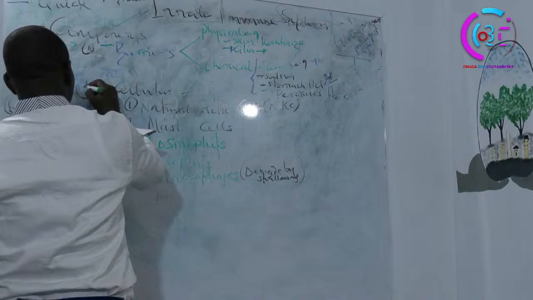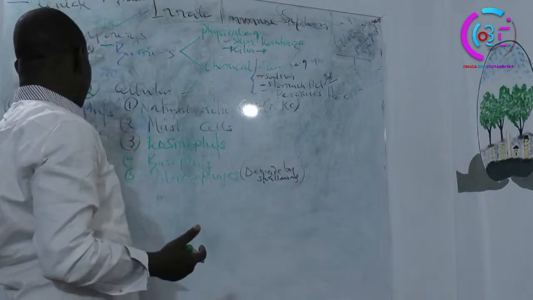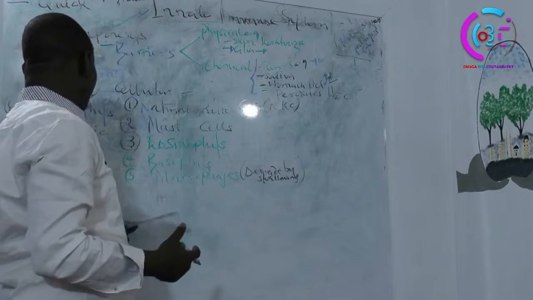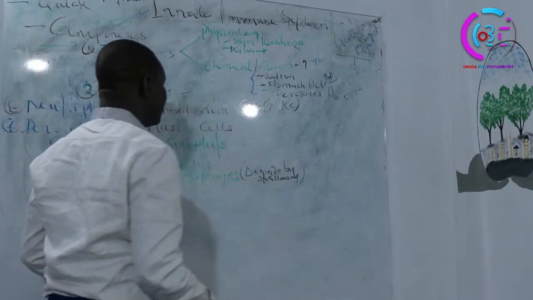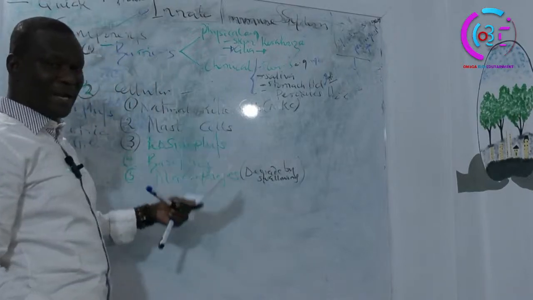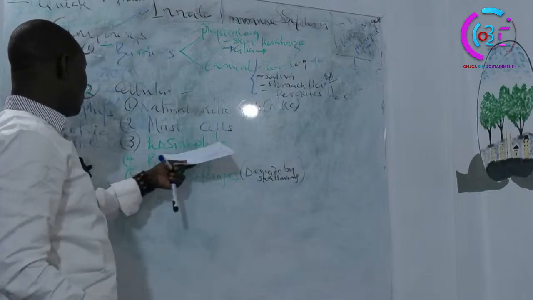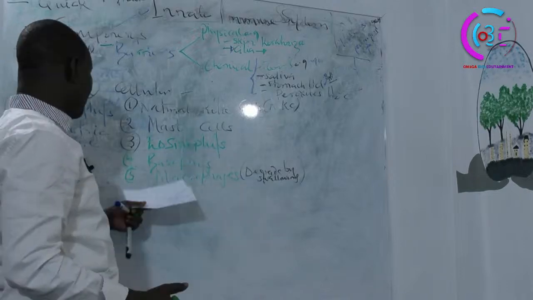So this second aspect, which is cellular in nature, and under this we have majorly seven. The first one we are going to look at is the natural killer cells, then followed by mast cells. Then we are going to look at the structure of eosinophils, basophils, macrophages.